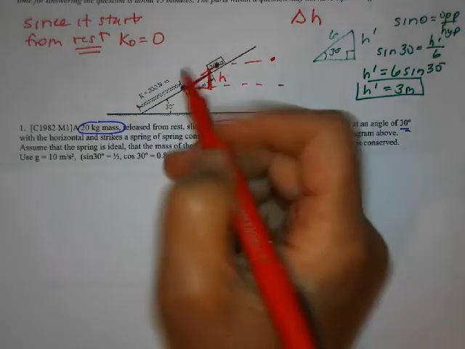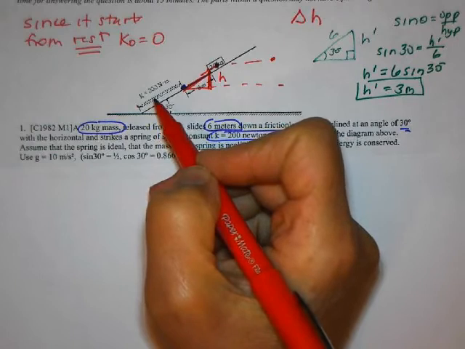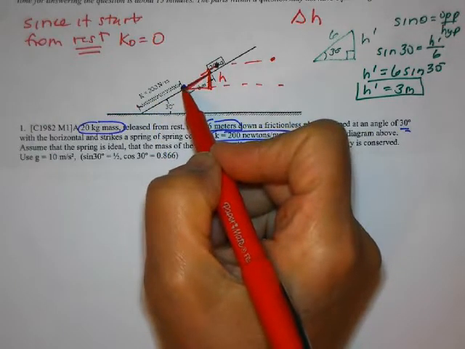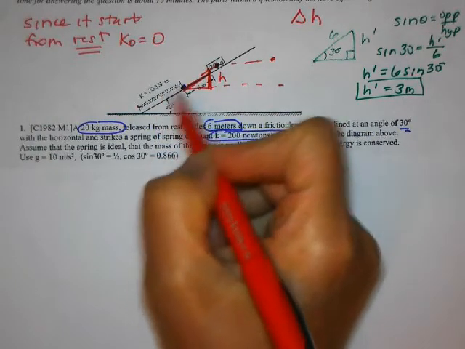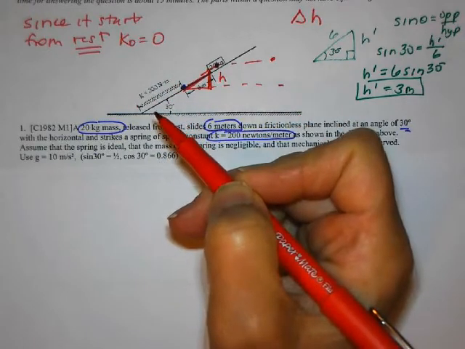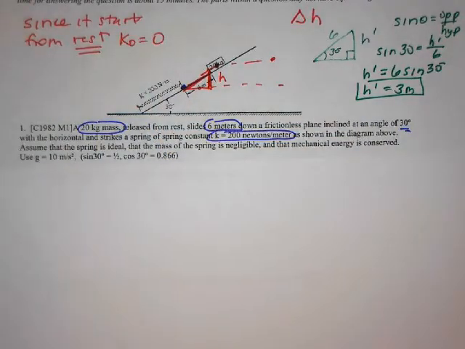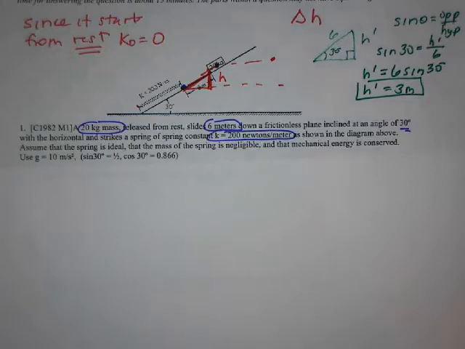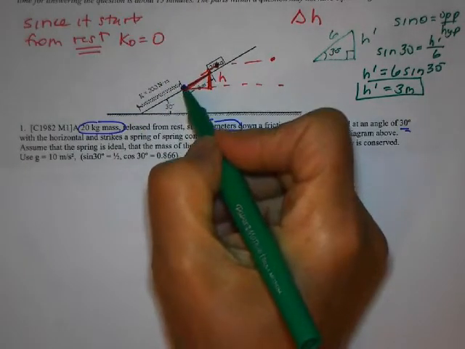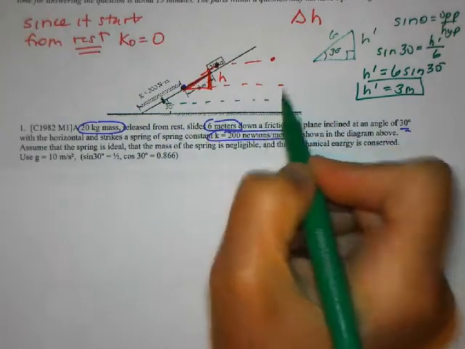So when the spring is compressed, now we have the potential energy that was stored in the spring. Again, we're going to use conservation of energy where it comes to rest, and we're going to call where it comes to rest the base level. So if the spring is compressed, let's say down to here, that's going to be our frame of reference.